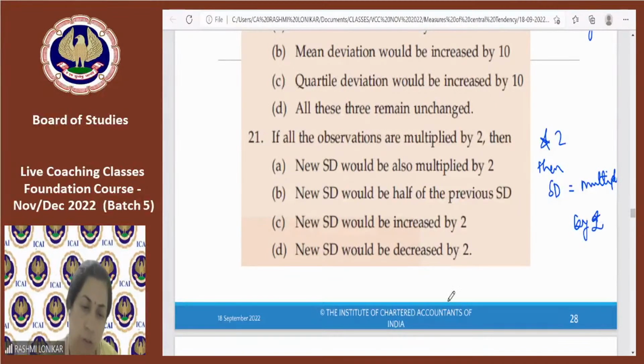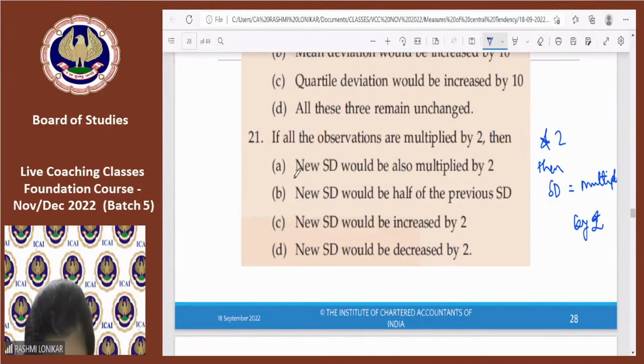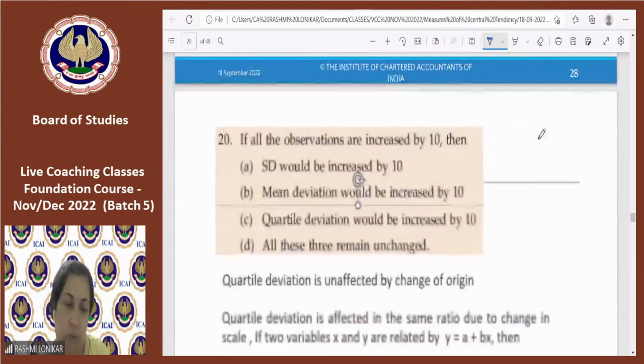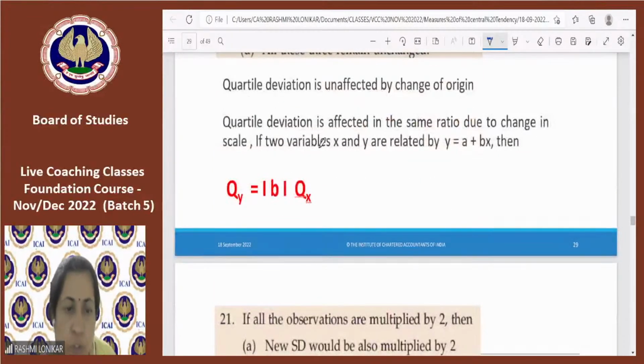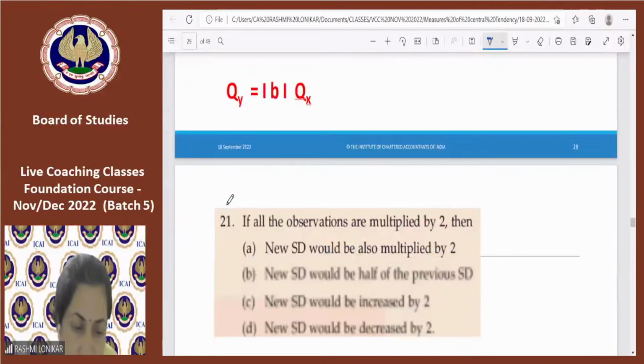This we have already done. So it is just saying that quartile deviation is unaffected by change of origin, but it is affected by change of scale.